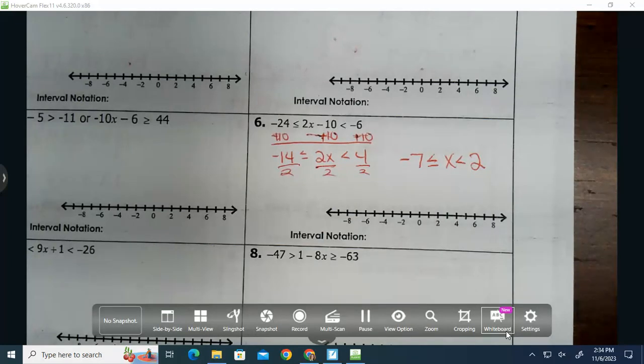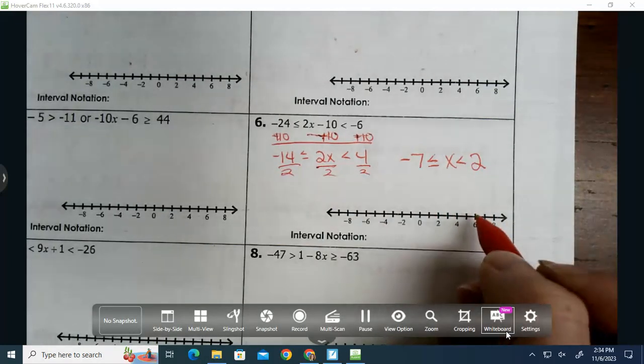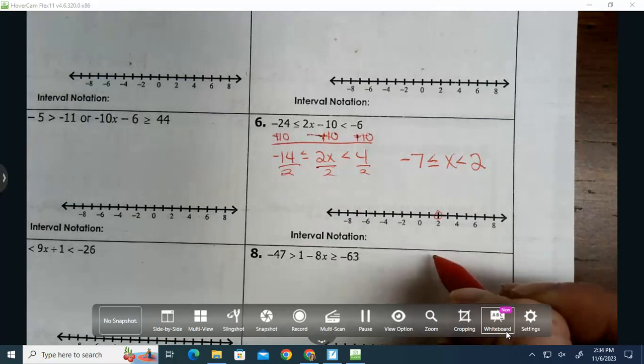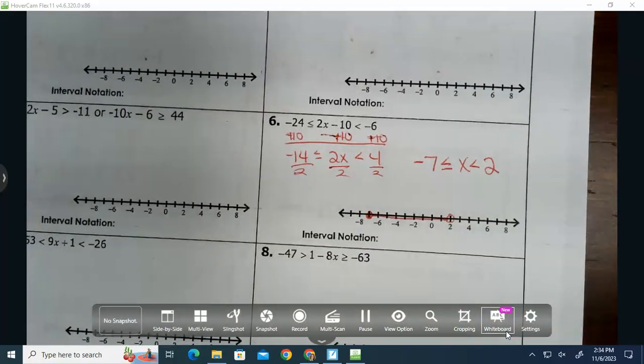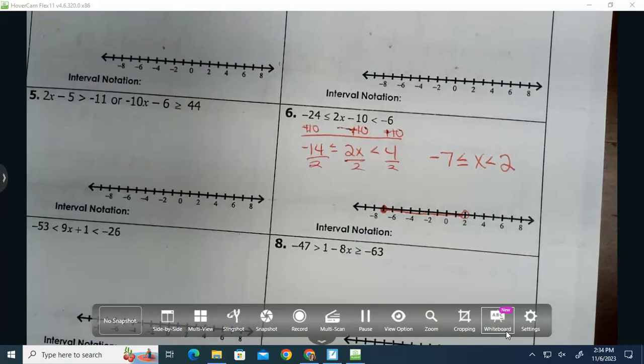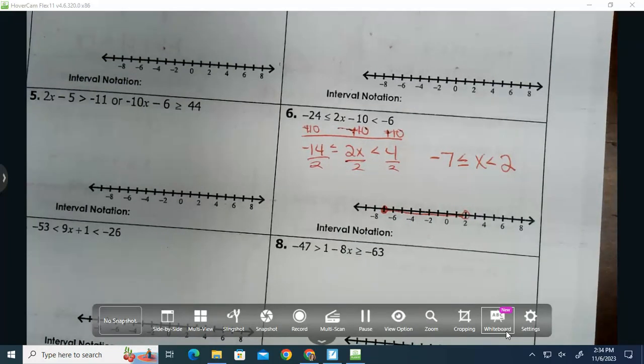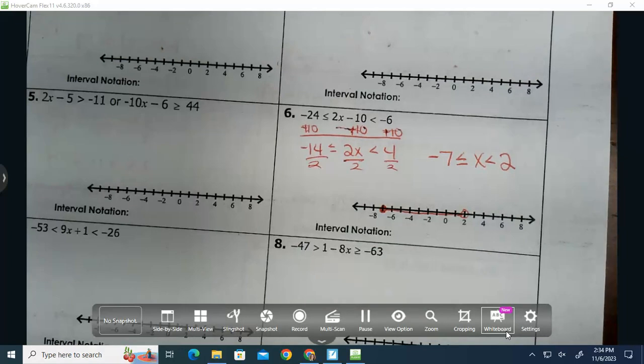What do we do? Open circle at 2, closed circle at negative 7, and just in between the 2. All right. So far, so good?